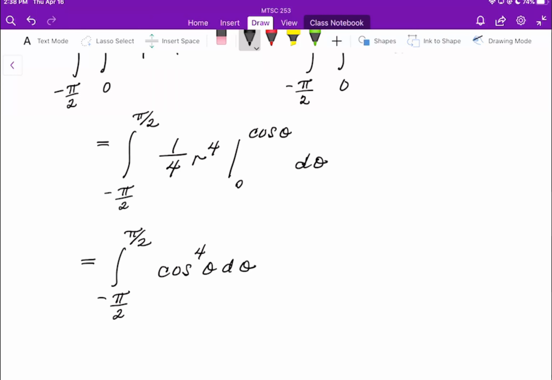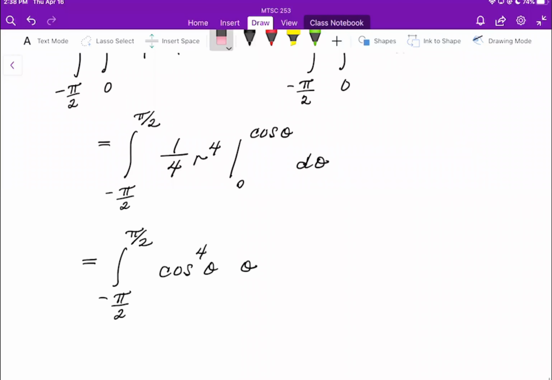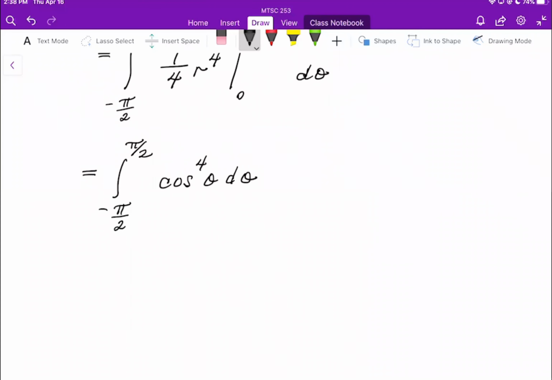How do I do that? How do I do it? Where are my Calc 2 people? Show me I taught you something. We split it into, what'd you say? We split it into cosine squared and, split it into cosine squared squared. Good.